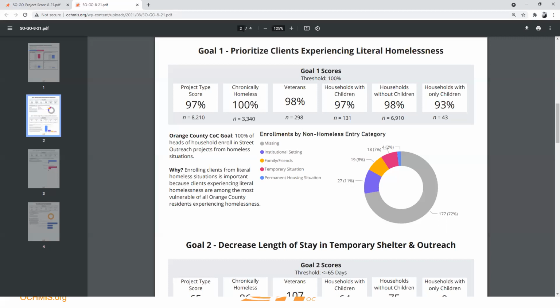So I want to say that portion where we're missing information is because we're lucky if we get a name out of them. But we do offer them services, so we are capturing that information.